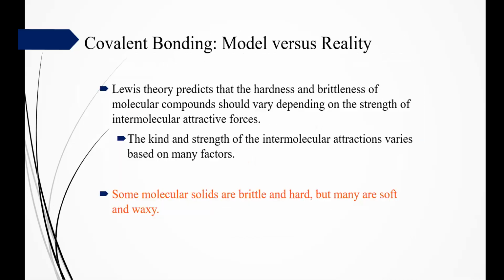This gives us a lot of different types of physical properties. The hardness and brittleness of the molecules can vary depending on those attractive forces between the molecules, and we do see that. This is different than our ionic compounds, which have much stronger inter-ion attractions, so we don't see as large a variety.